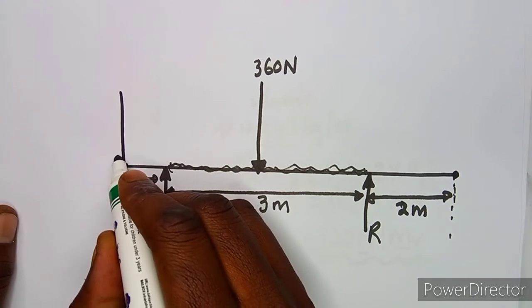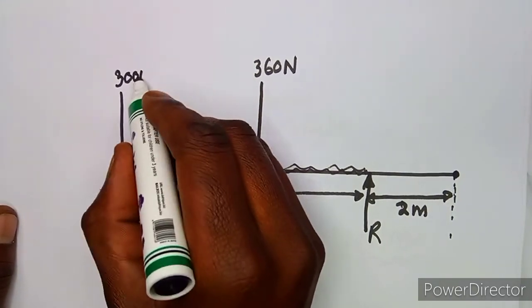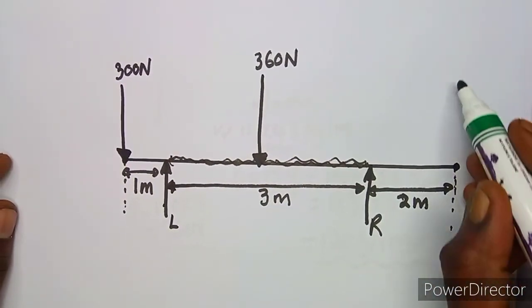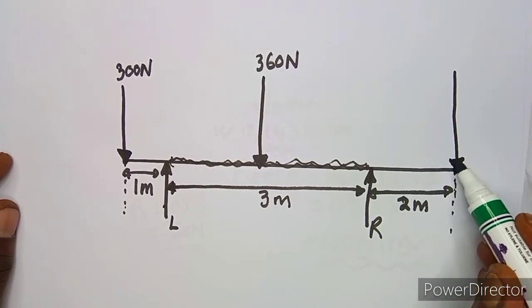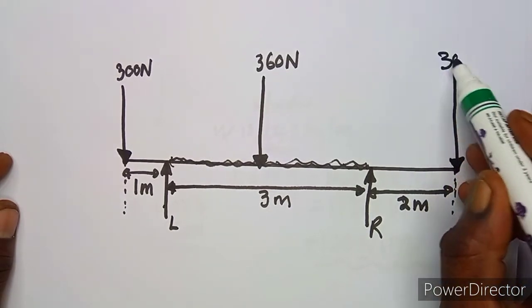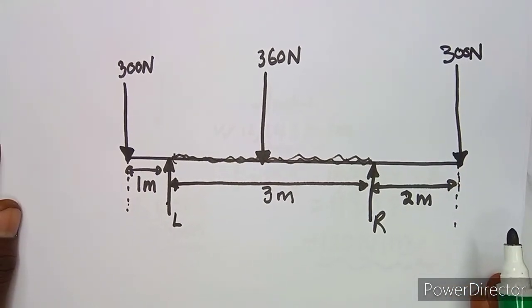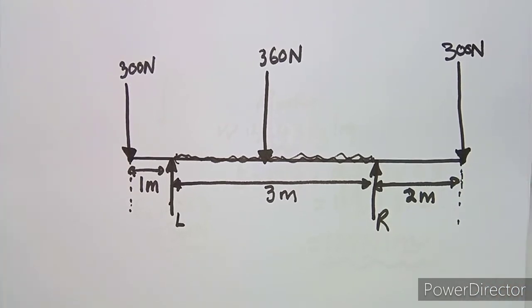So we've got a point load facing downwards here of 300 Newtons on the left end, and on the right end here it is also facing downwards, like this. Same force or same point load, which is 300 Newtons there. All right, so that is what we are having actually.